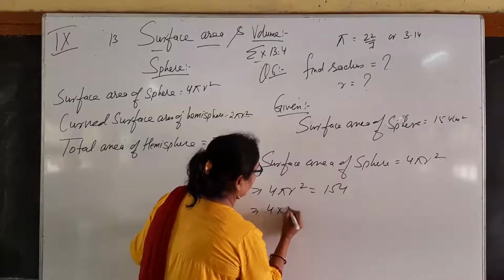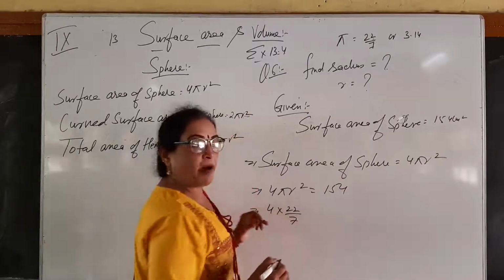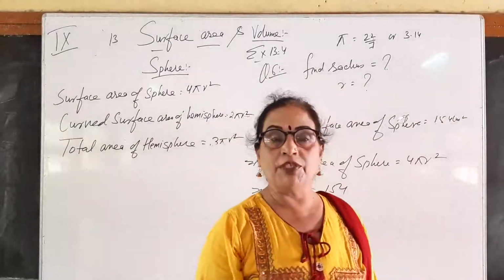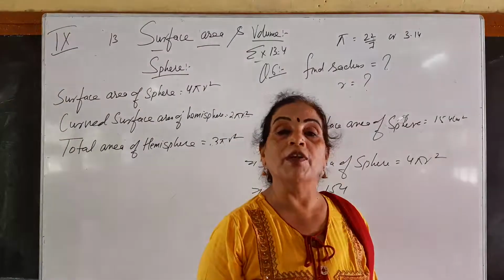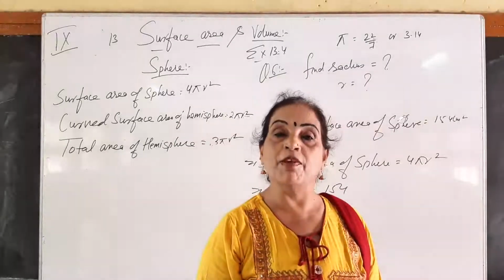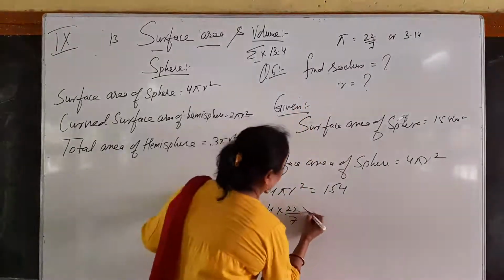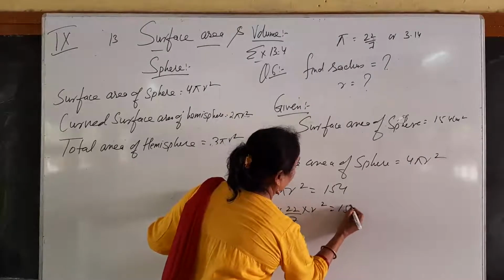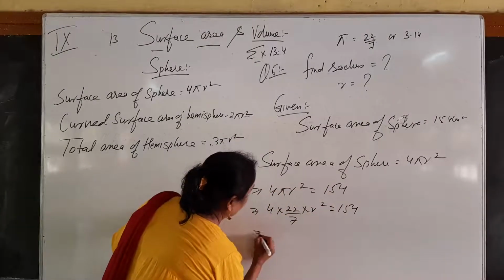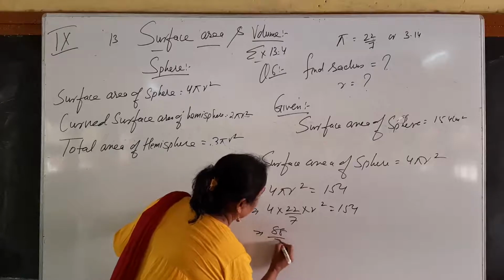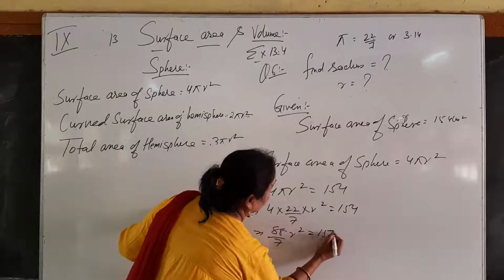Then 4 into 22/7, because here the value of pi is not given. In the previous question, value of pi is given, use 3.14. But here it is not given, so we will use 22/7. r is not given, so r square is 154. So from here we will get 88/7 r square equal to 154.